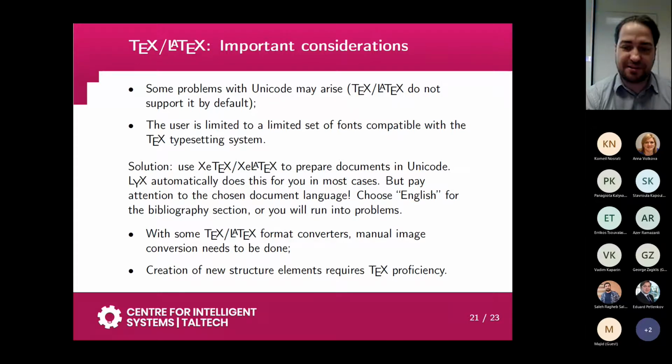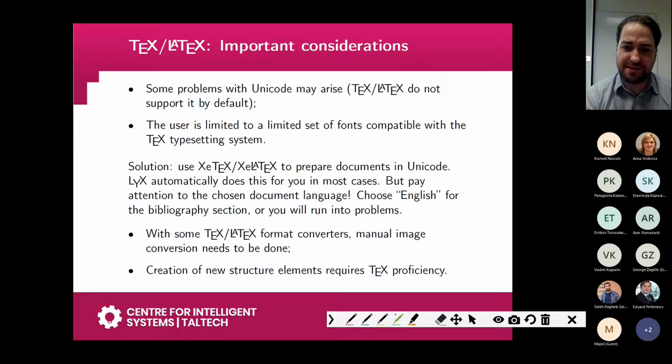Just to comment on that, let me give you an example because maybe that's a bit confusing. In Unicode, for example, we have a character like this, capital A. And so how do you write this unless you have Unicode, right? In LaTeX, you would do something like this.